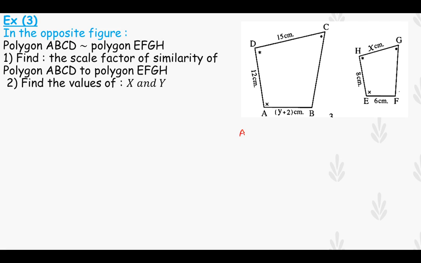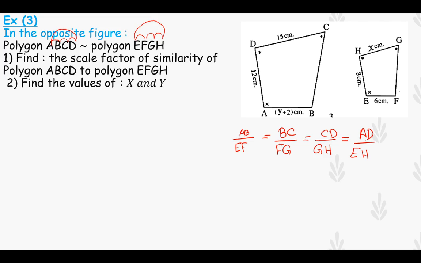So we will write AB over EF equals BC over FG equals CD over GH equals AD over EH.